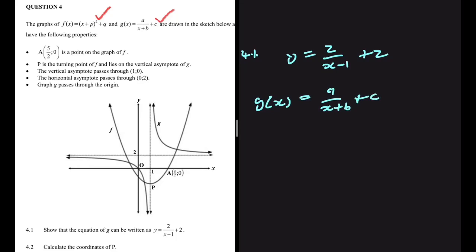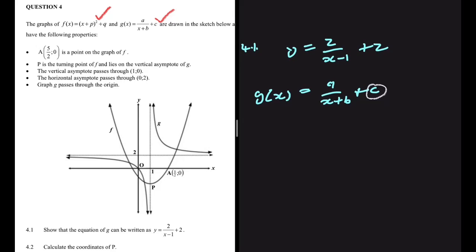Well, let's start here. G of x is equal to a divided by x plus b plus c. As you can see from the format of this function, it is a hyperbola, right? It has a vertical asymptote and a horizontal asymptote. Those are the things we're going to use to answer this question, because we know that for a hyperbola, c is your horizontal asymptote, while x plus b equal to 0 will give you your vertical asymptote.